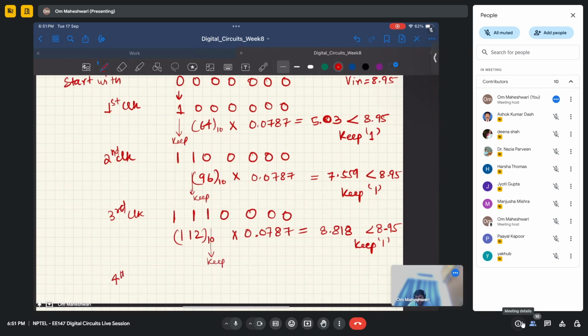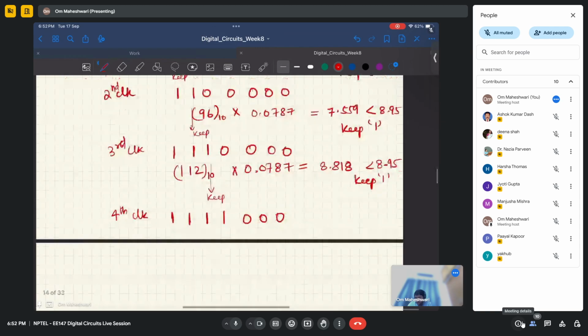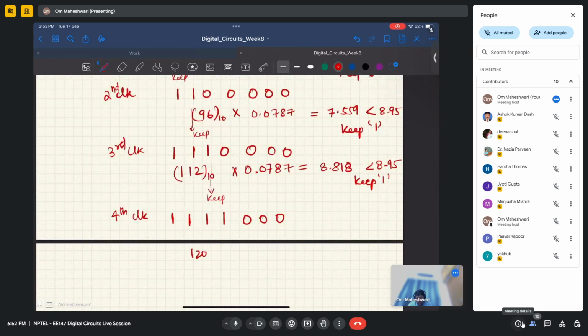In the fourth clock, check the next bit. This is 120 base 10 into the resolution, which is 9.44. Now this is greater than 8.95, so you discard it.